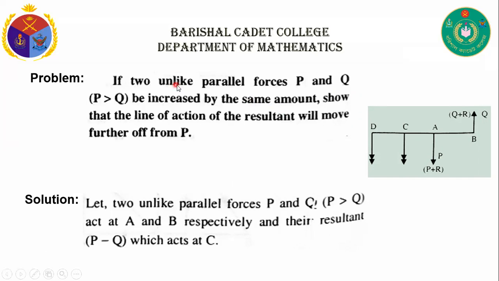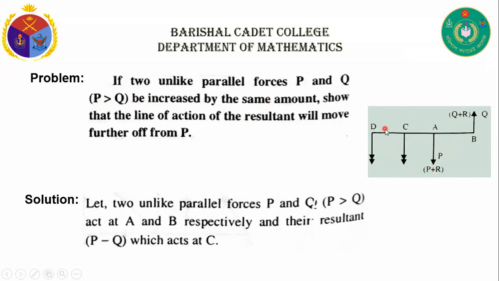If two unlike parallel forces P and Q, here, for unlike parallel forces, you have to mention that one force is greater than the other. Here P is greater than Q. Let both be increased by the same amount, which we take as R. Show that the line of action of the resultant will move farther from P.